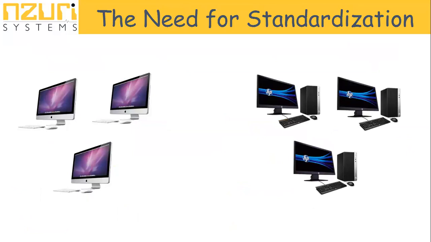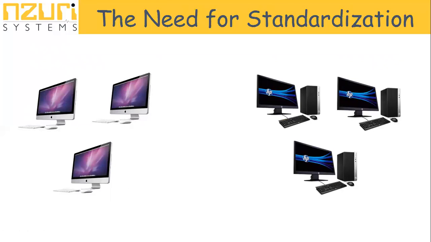If you look at what we have on our screen here, on one side I have a couple of iMac computers. On the other end, I have a couple of HP computers. For instance, if Apple decided to set up their own standards or their own communication protocol, all these iMacs would be able to communicate.